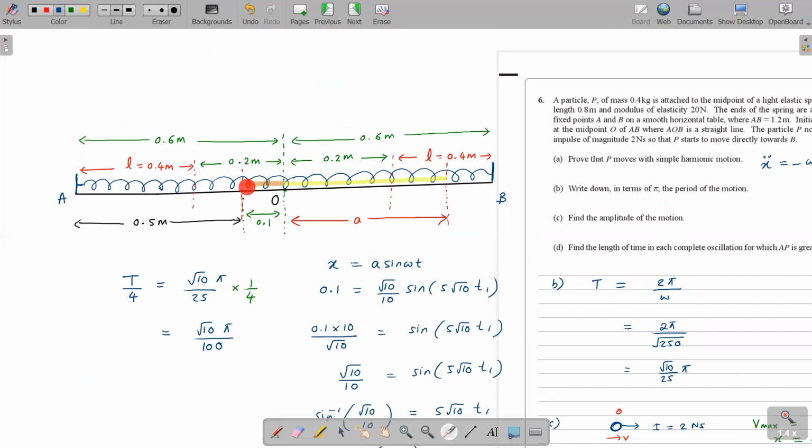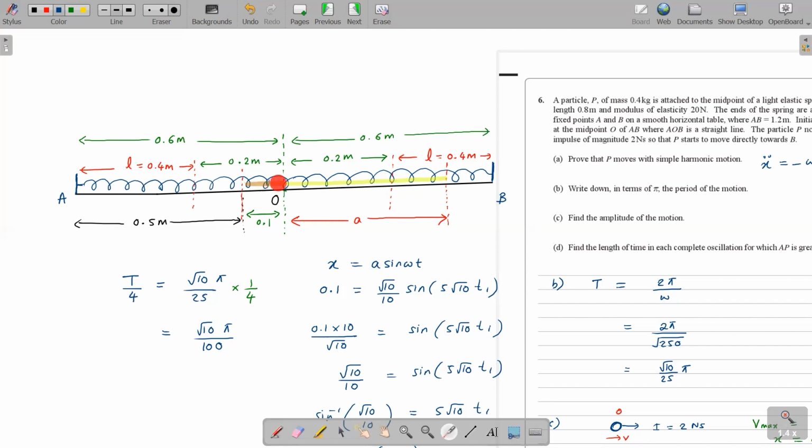Then it comes over here, and this time duration is the T1 time duration. But after you come to this point, your particle will travel backwards, right? Do we count this time duration? No, we don't. Then you come to the amplitude on this side, and the particle comes back. Do we consider this time duration again? No. Then you come over here where AP is 0.5, and from here we count the time again, on the returning journey.